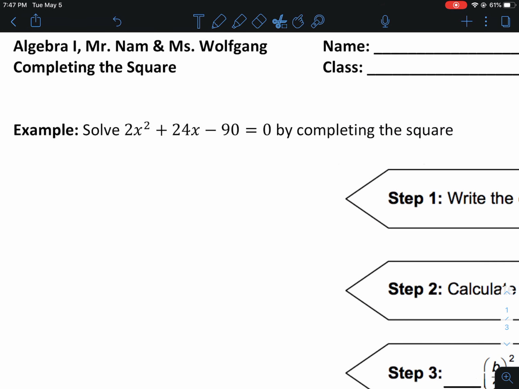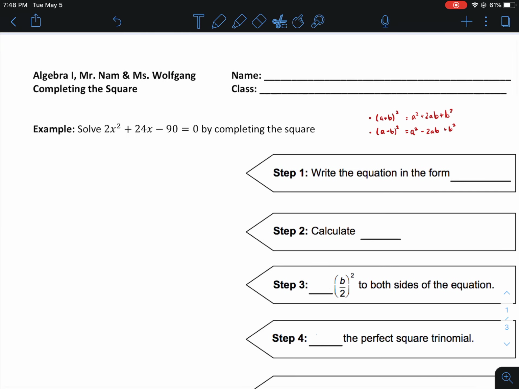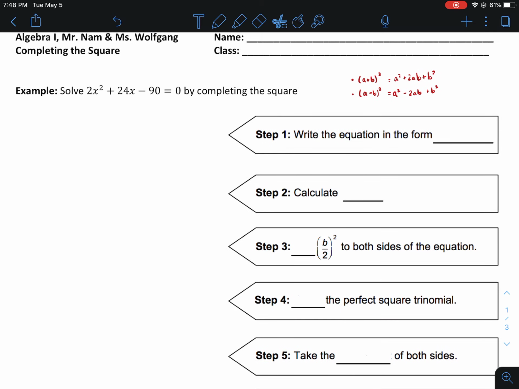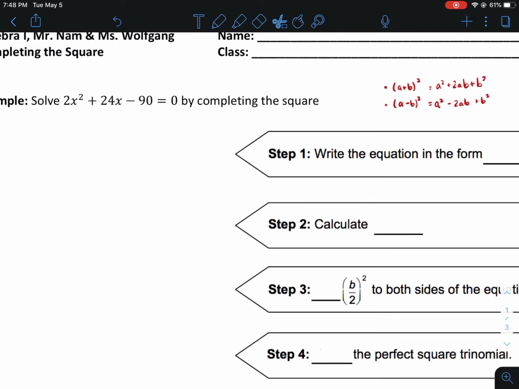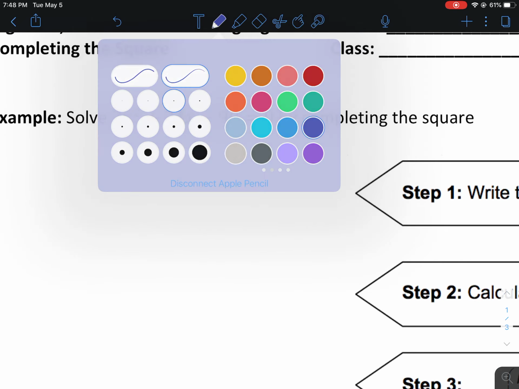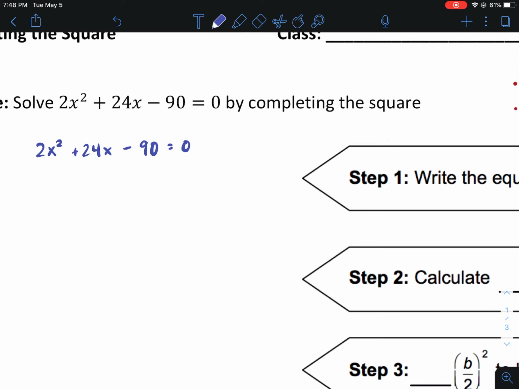So solve 2x squared plus 24x minus 90 equals 0 by completing the square, okay? So the first thing we want to do when completing a square is take our quadratic, 2x squared plus 24x minus 90 equals 0, right?